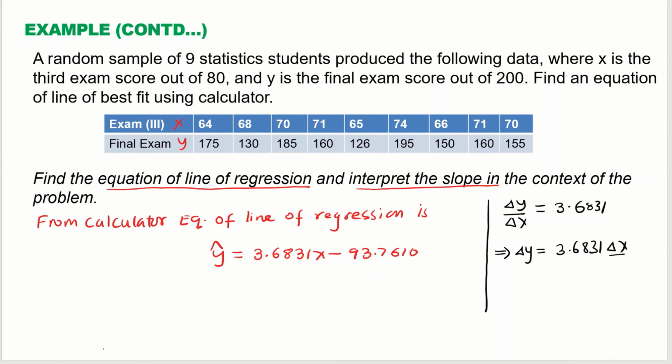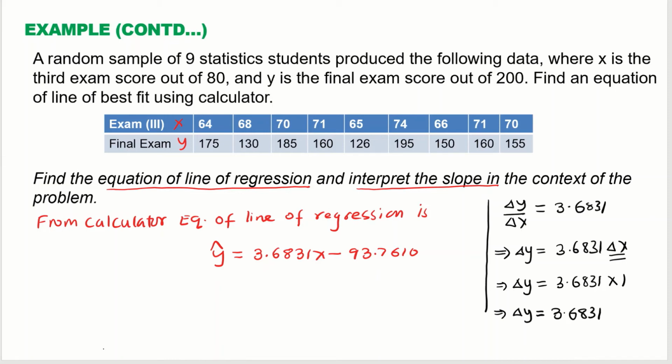Now if we put change in x equal to 1, let's see what we get. Change in y is equal to 3.6831 times 1, so change in y is equal to 3.6831.